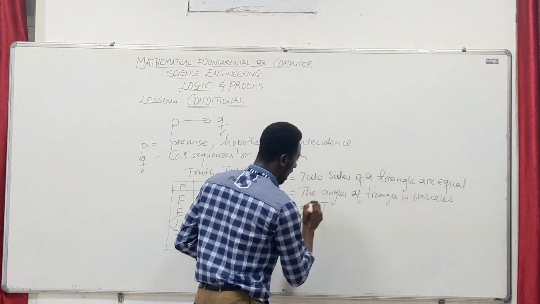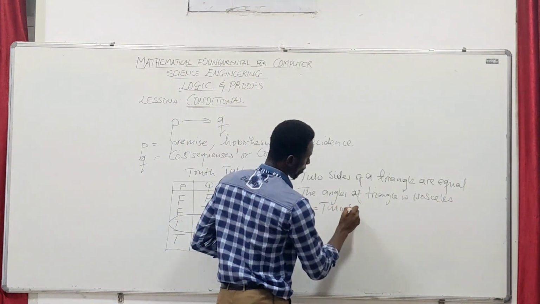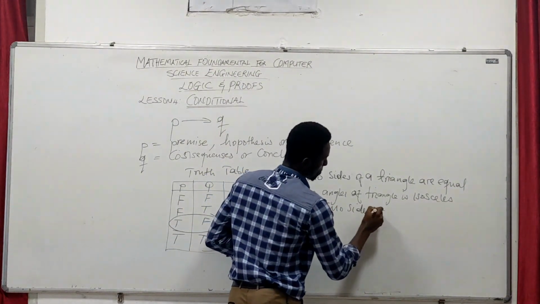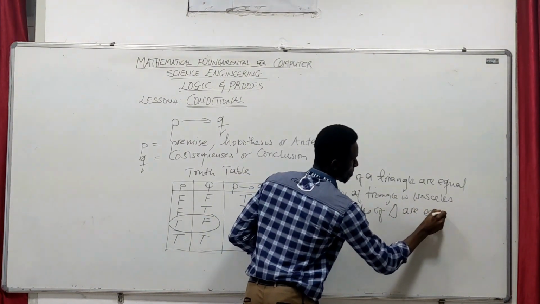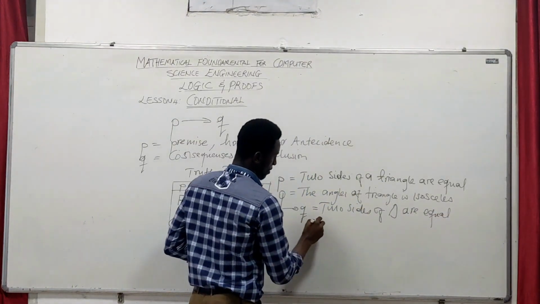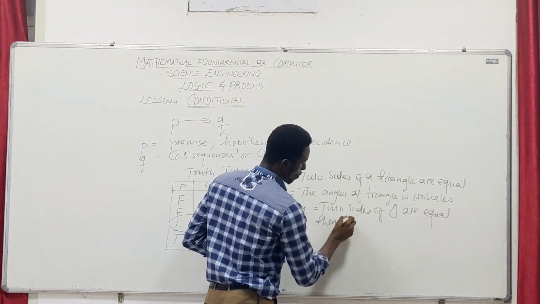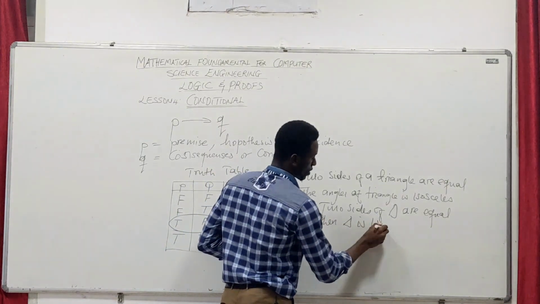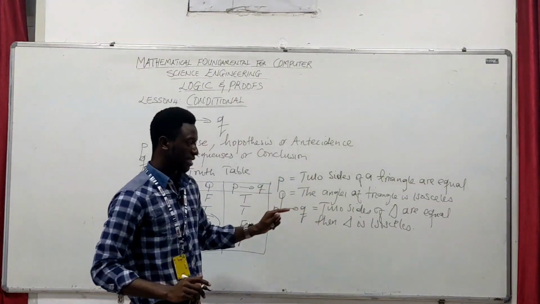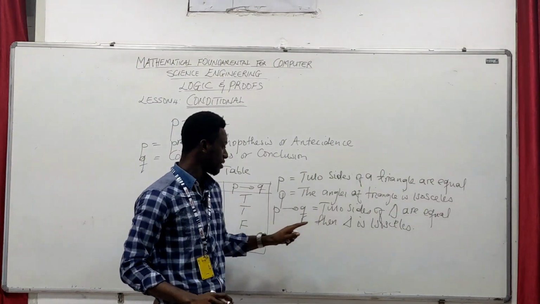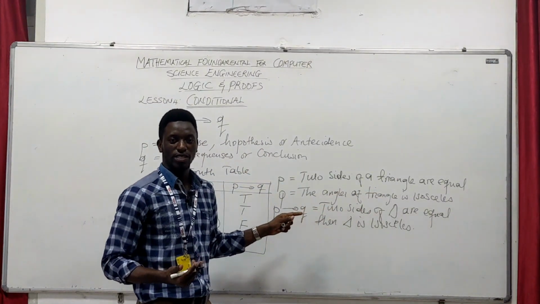So P implies Q means two sides of a triangle are equal, then the triangle is isosceles. So this is just an example.